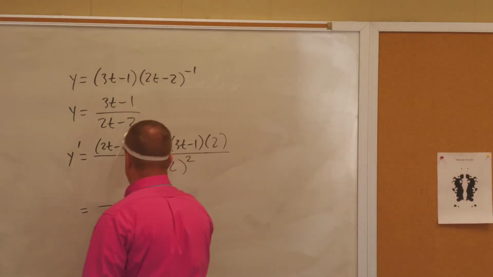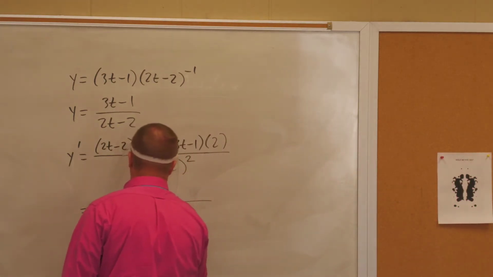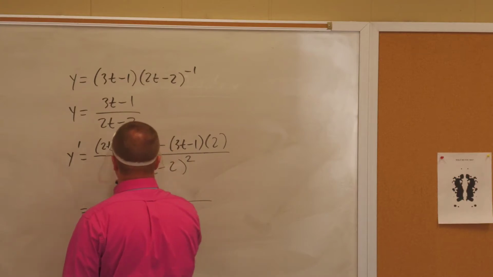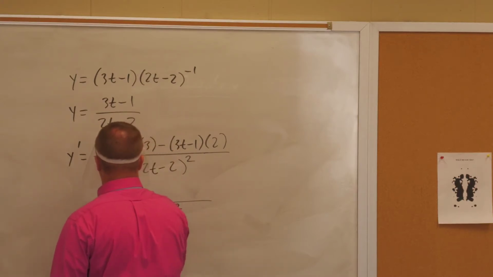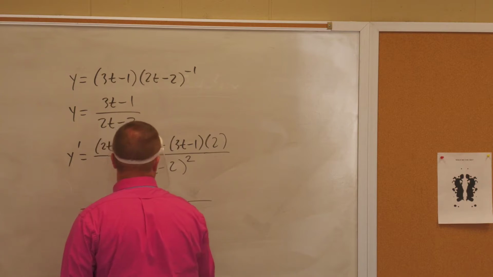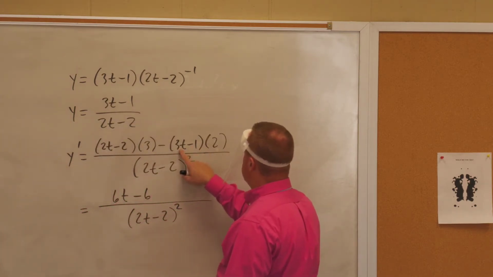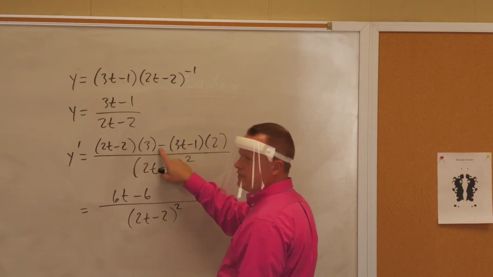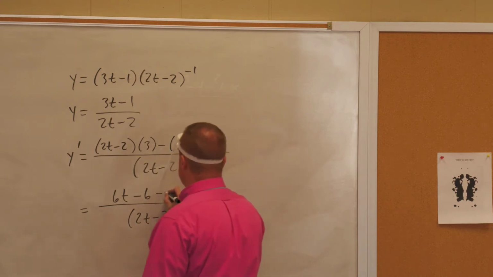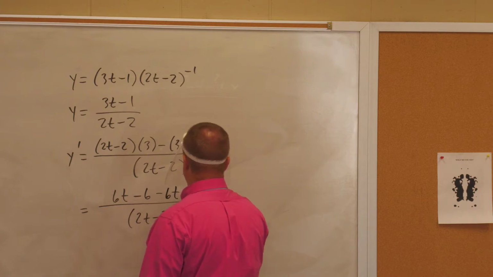The top, though, we need to reduce a bit, combine some terms. So I'd have 6t minus 6. All right, and then notice over here I've got 6t minus 2, but I've got a subtraction sign in front. So let's do minus 6t plus 2.